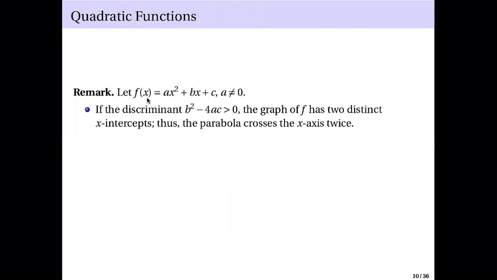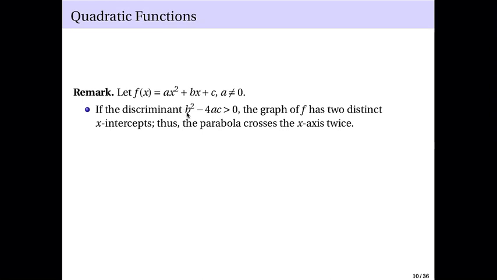Now, again, let f of x be the quadratic function ax squared plus bx plus c, where a is not equal to 0. We compute what we call the discriminant of this function f, or of this quadratic expression. The discriminant is calculated in this way: b squared minus 4ac.